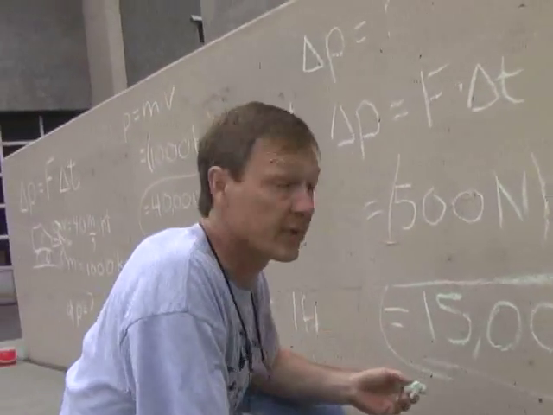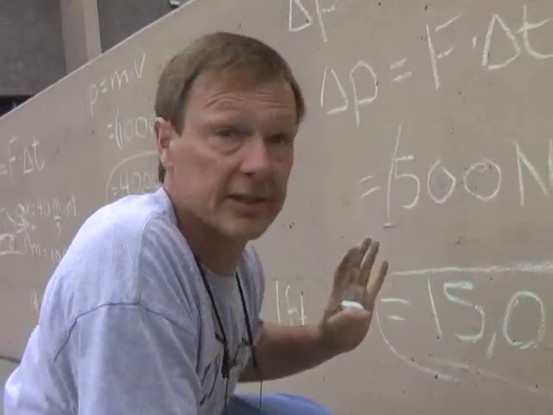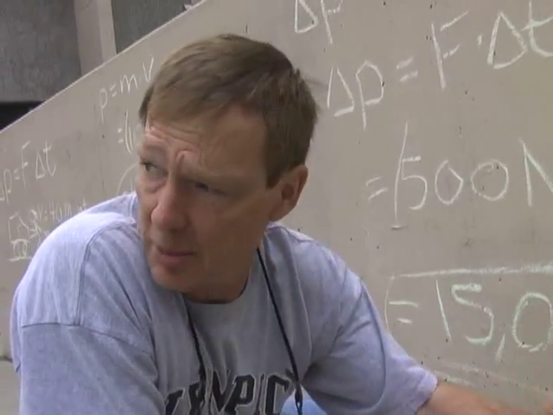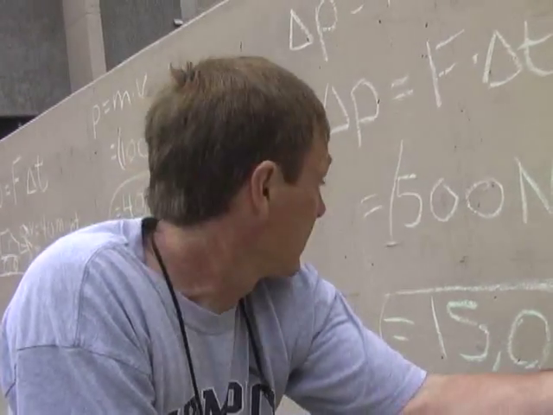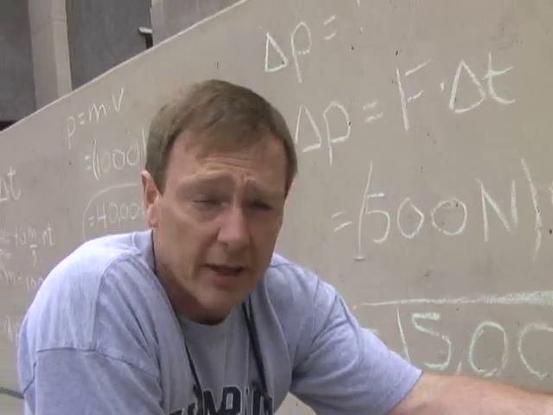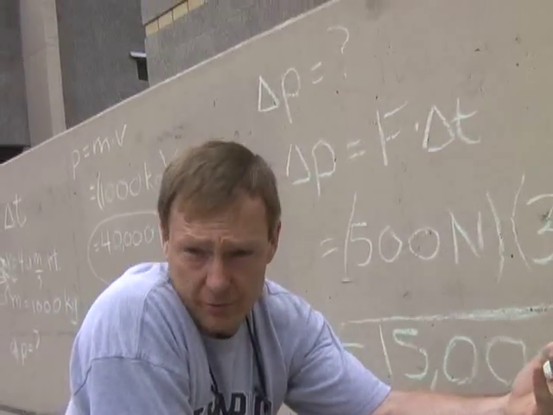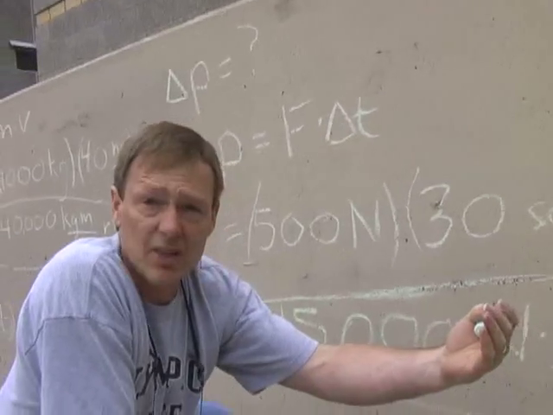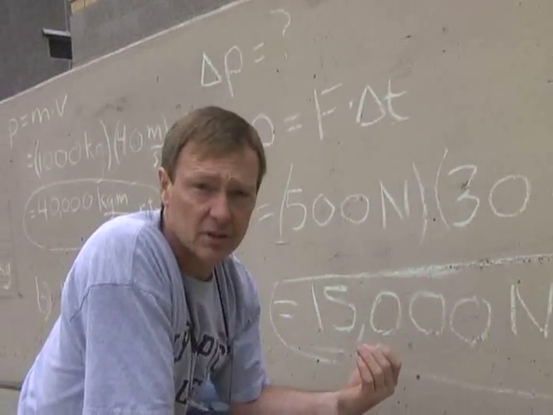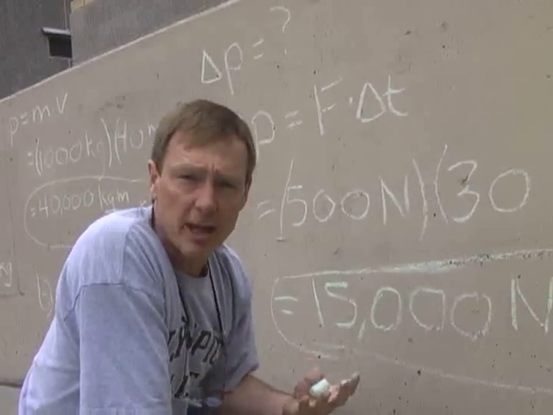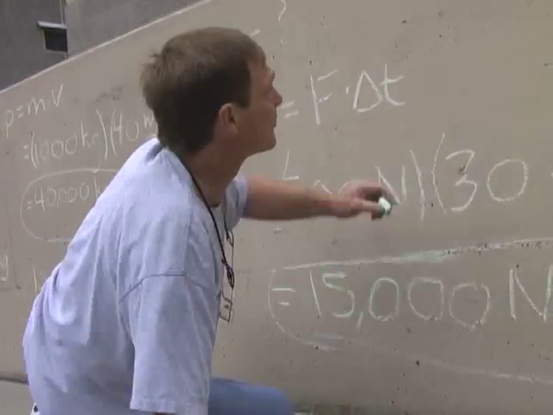Now, the car is moving. It's got a momentum of 40,000 kilogram meters per second to the right. Supergirl applies an impulse of force times the time, 15,000 newton seconds to the left. So it's going to change the momentum, and let's see what that is.